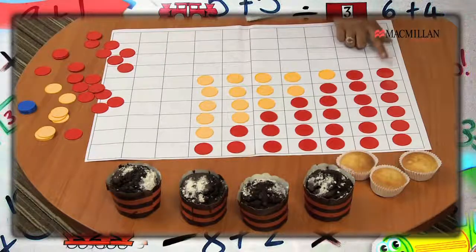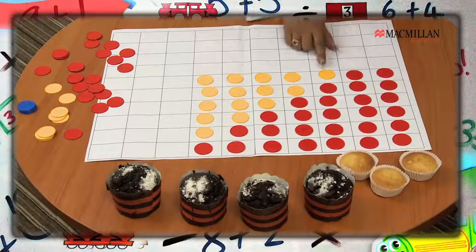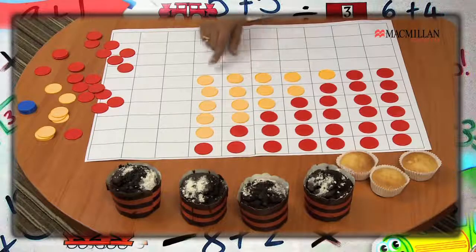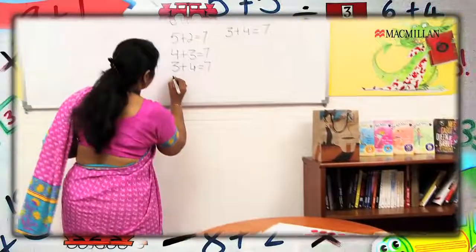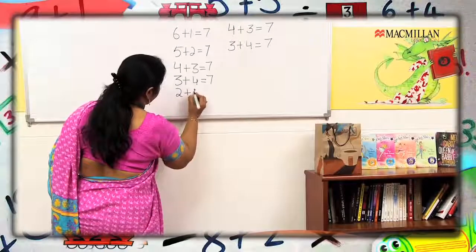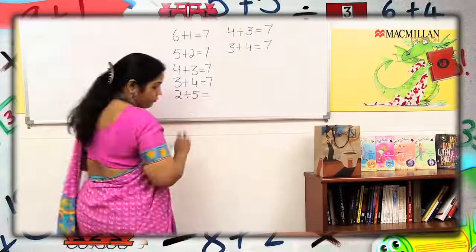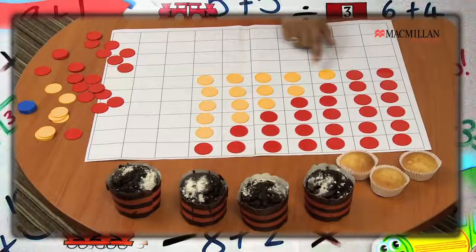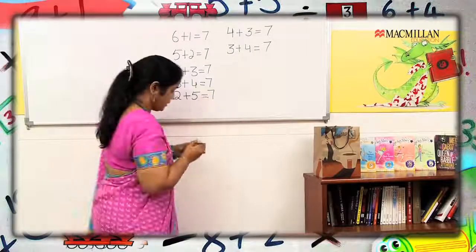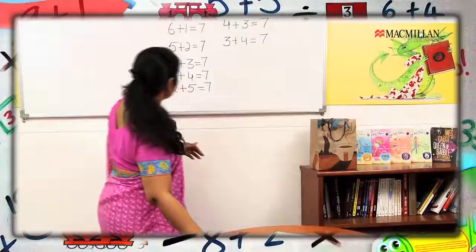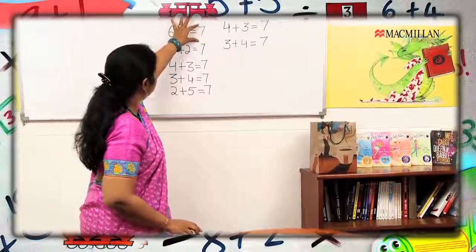So what do I get? 1, 2 and 1, 2, 3, 4, 5. So we get 2 plus 5. And what is it equal to? 1, 2, 3, 4, 5, 6, 7. Again 7. Isn't this interesting? There are so many ways that we can find some 7.